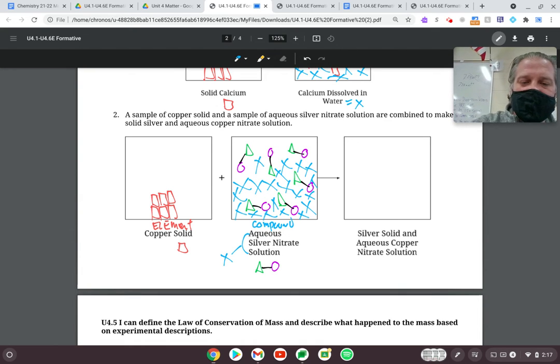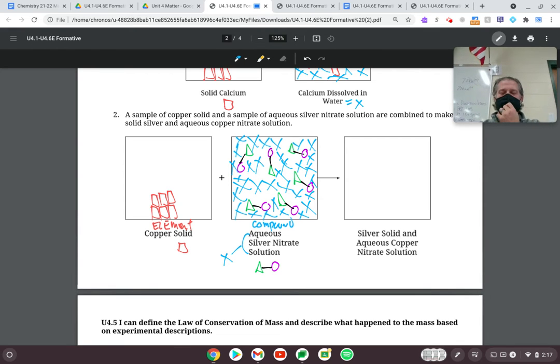And then the last thing that you're going to do is the next box. And the next box here, we have silver solid, okay? So now we're going to take our silver, which was triangles, and we're going to make it into a solid. So we're going to draw 6 triangles, something like that, indicating we have a solid at the bottom. We have aqueous copper nitrate solution.